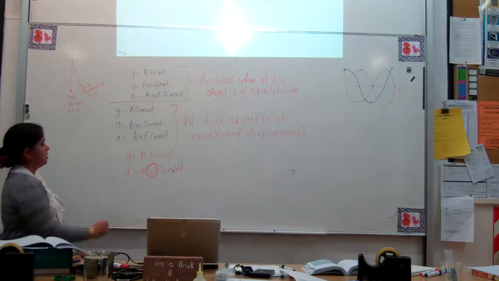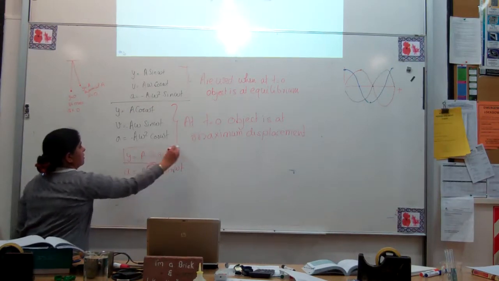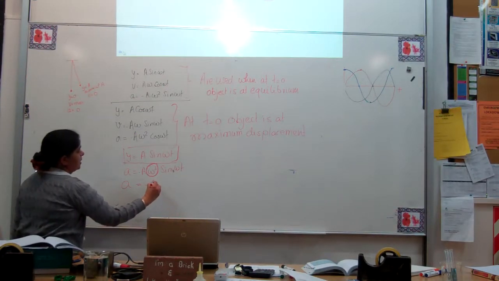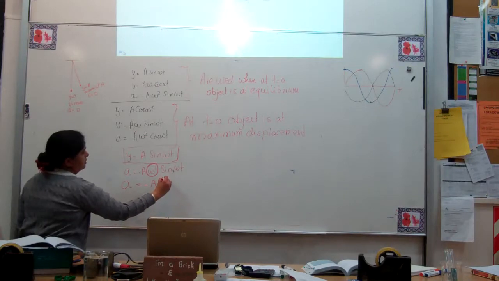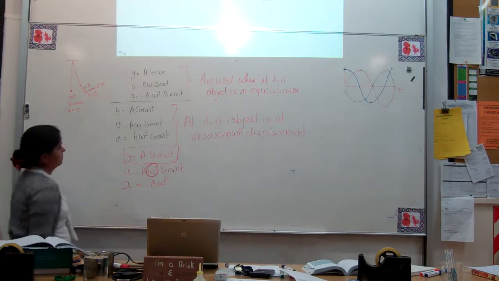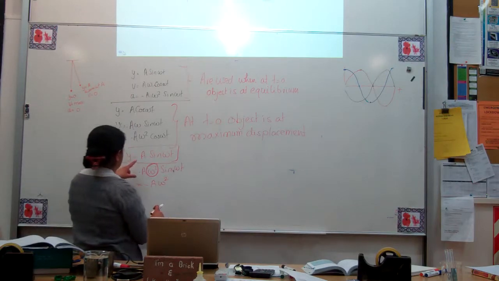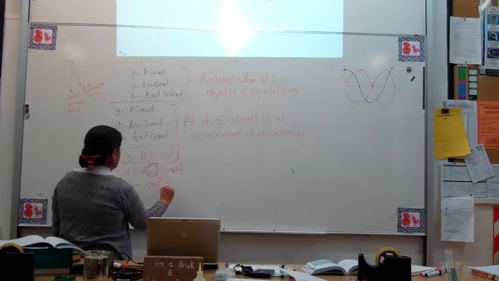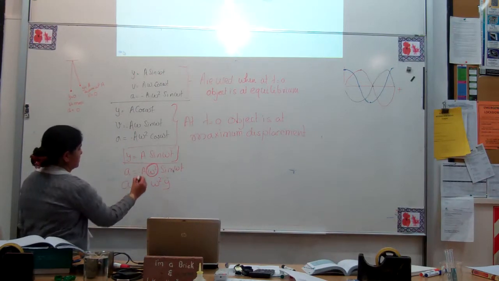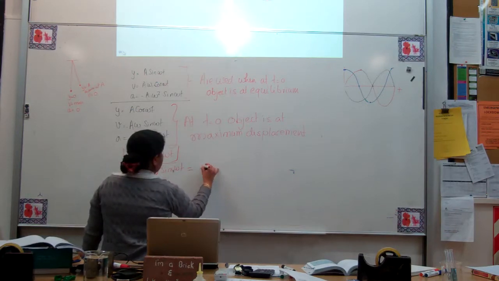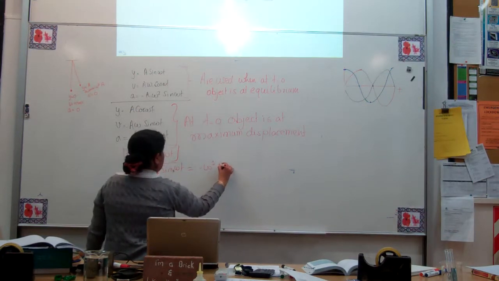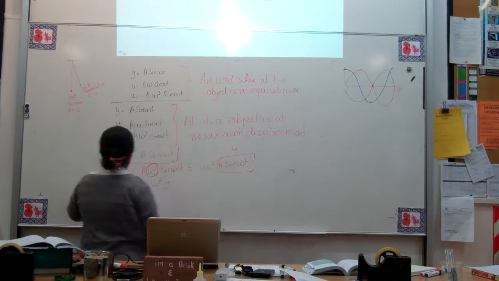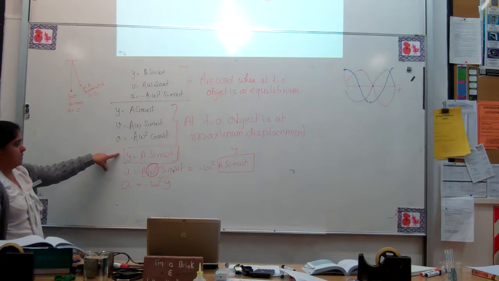So I can substitute this whole thing here, and what will my equation be? Sorry, omega squared y, not a. Omega squared y. Because I'm replacing this, if I write it like this, minus omega squared a sine omega t. And what is this a sine omega t? Y from there. Does that make sense?